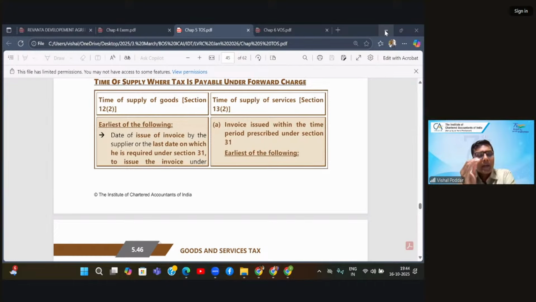That date is the first date, the date of successive accounts. Correct? So in case of continuous supply of goods, what are the two dates? The first date is the date of successive accounts, and the second date is the date of actual invoice, whichever is earlier. Right?